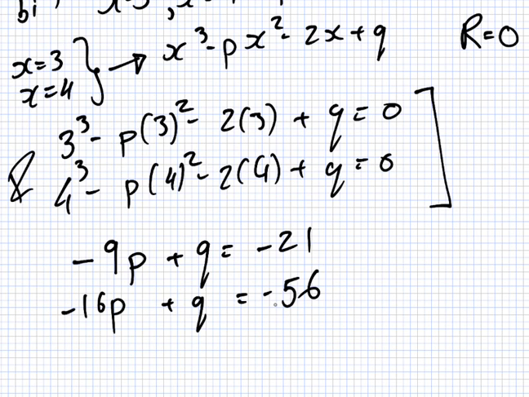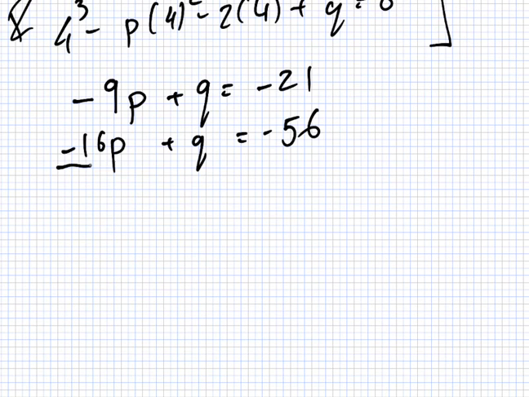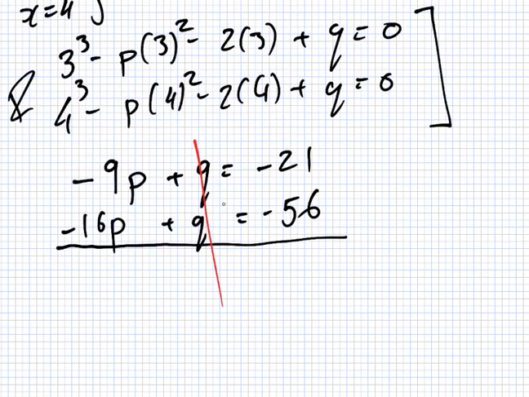It's great here because we can just use elimination to solve this straight away, since we already have the q's there. So we get minus 9 minus minus 16, that's 7, and then minus 21 minus minus 56 is 35. So that means p equals 5.